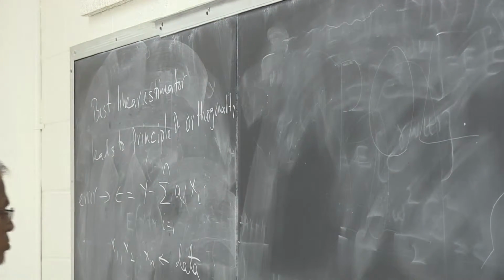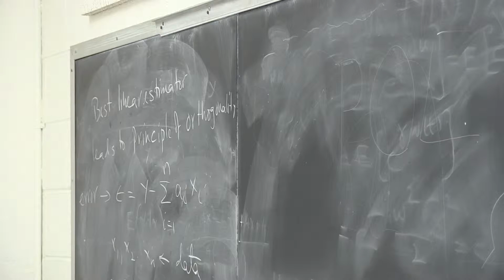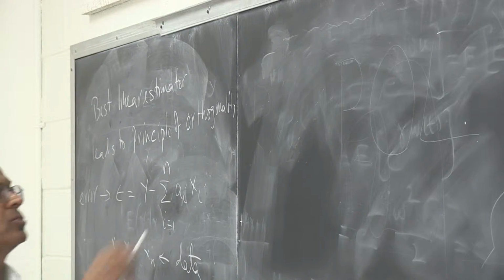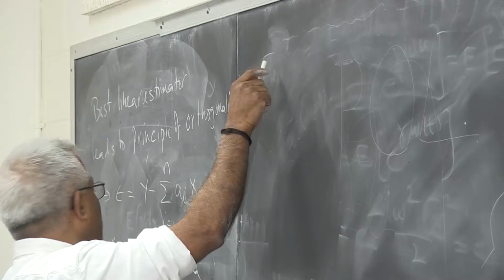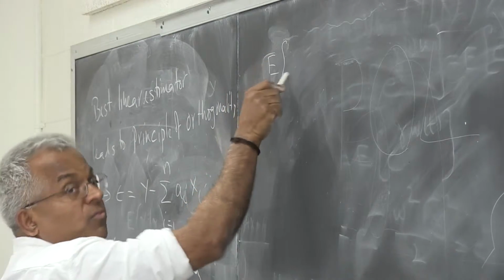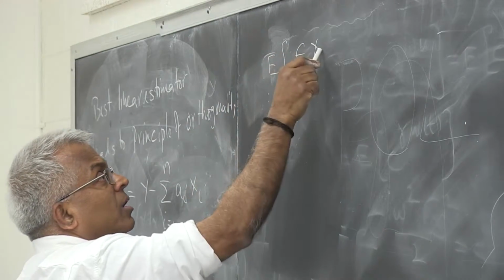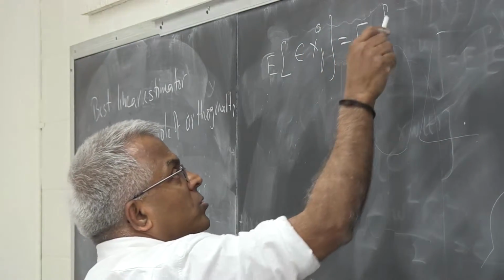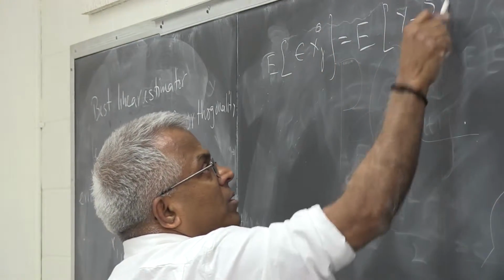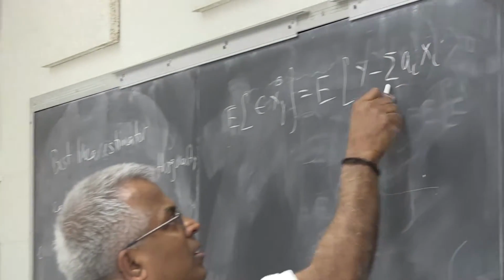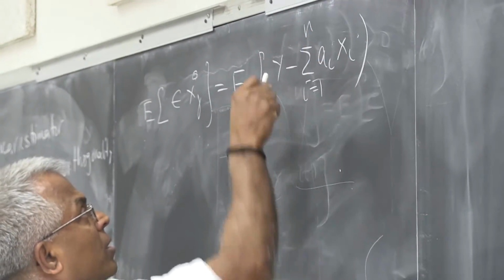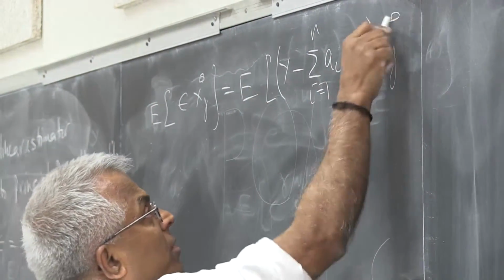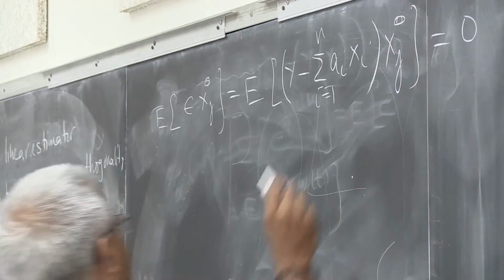I can expand this and get the set of conditions, so let's do that. We have the expected value of epsilon xj star, and let me substitute for epsilon. So this is y minus sigma ai xi, i equal to 1 through n, multiplied by xj star, equal to 0.